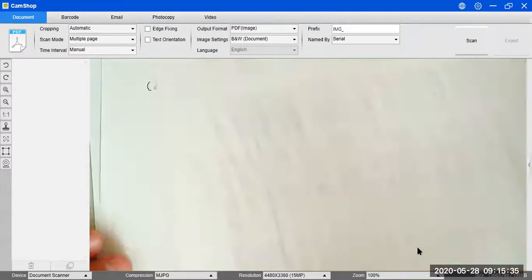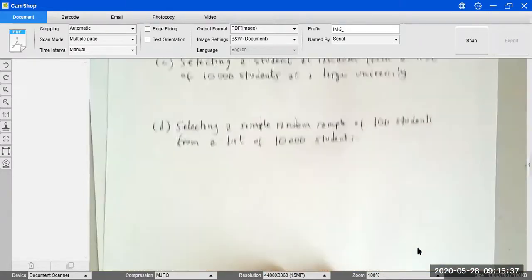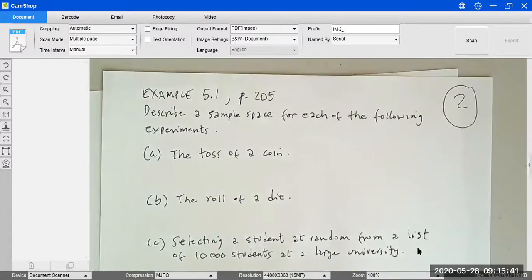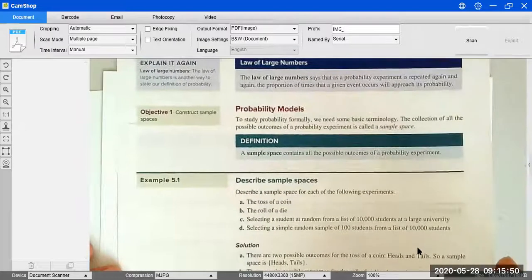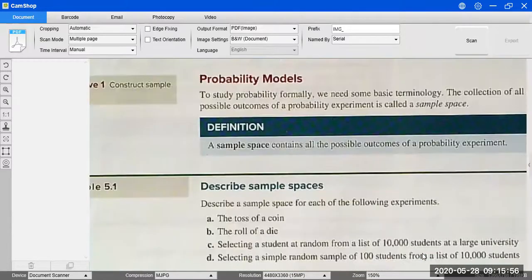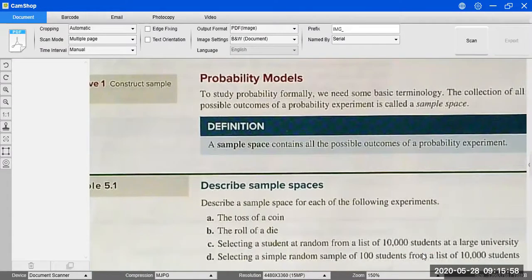So let's start with an example to try to understand this in a better way. We're going to solve example 5.1, which is on page 205. The example 5.1 is the following: we're going to describe a sample space for each of the following experiments.